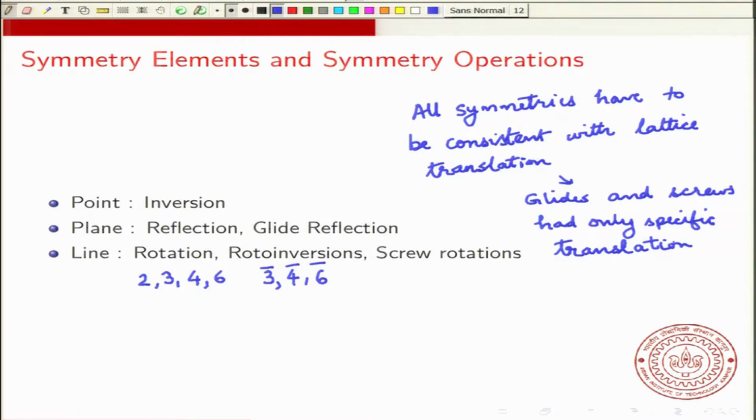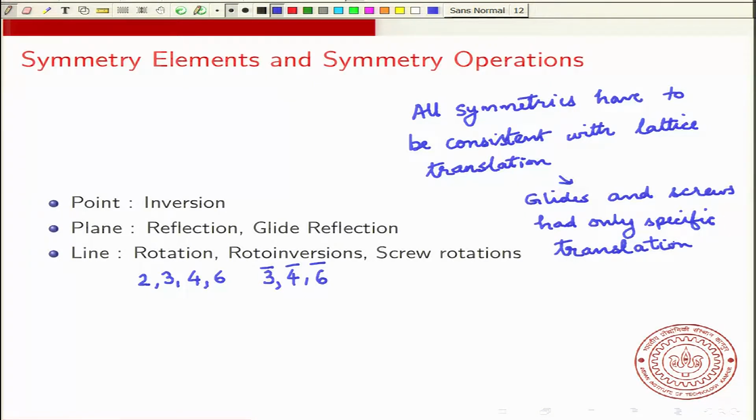Now you can ask why did we not consider other glides, by different amounts, and it turns out that you don't need to consider them because an arbitrary translation by an arbitrary distance would not be consistent with the lattice translation. So there are only certain kinds of translations that will be consistent with the overall lattice translation.